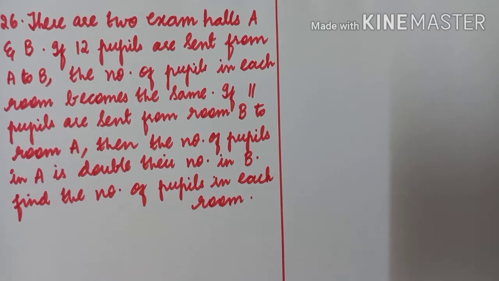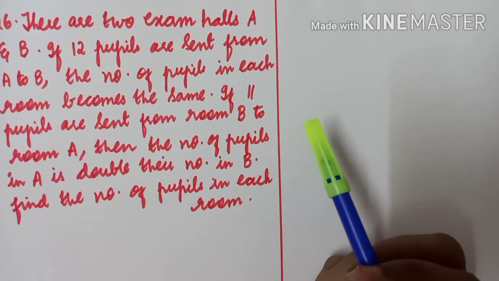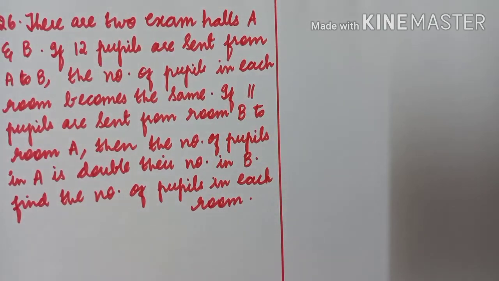So what is the question given? There are two examination halls, A and B. It is given the name of examination halls as A and B. If 12 people are sent from A to B, from A 12 people have been sent. So what will happen over here?